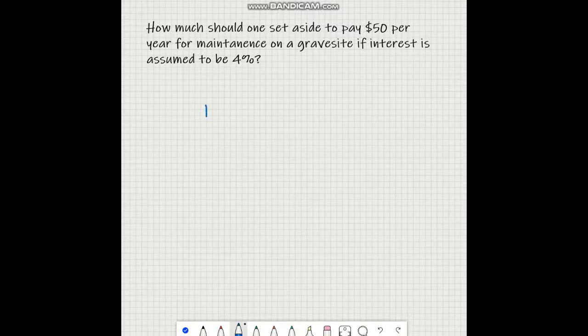What was our capitalized cost formula? It was P is equal to A over I, right? A over I. So A is $50 and I is 4%, which is 0.04.